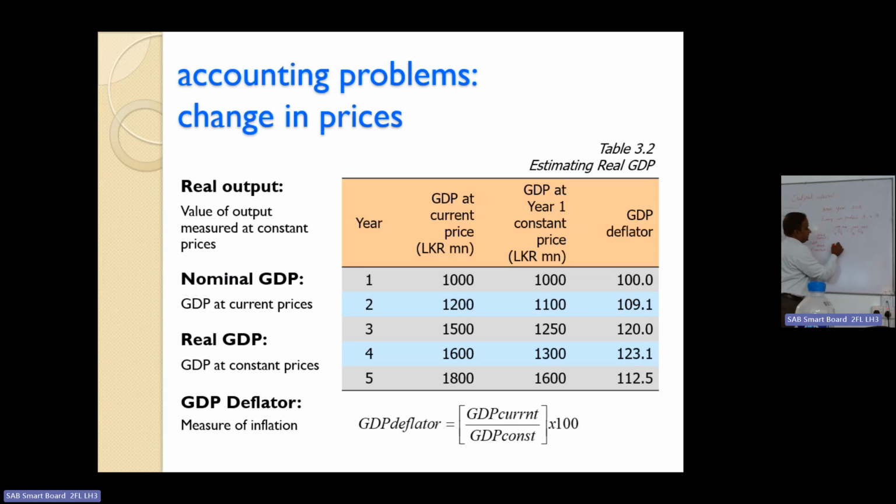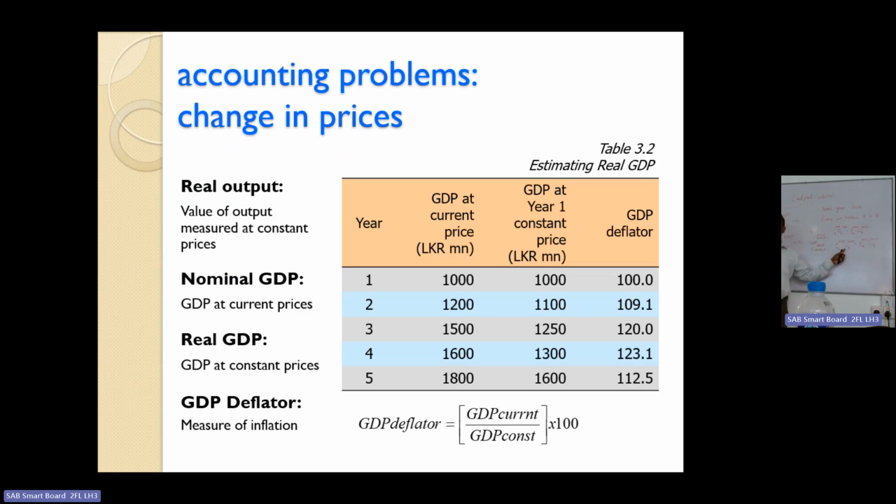So we take the price of product A in 2016, the base year price, and then the current quantity in 2023. Then we take the price of B in 2016 and QB 2023. That is the constant GDP.